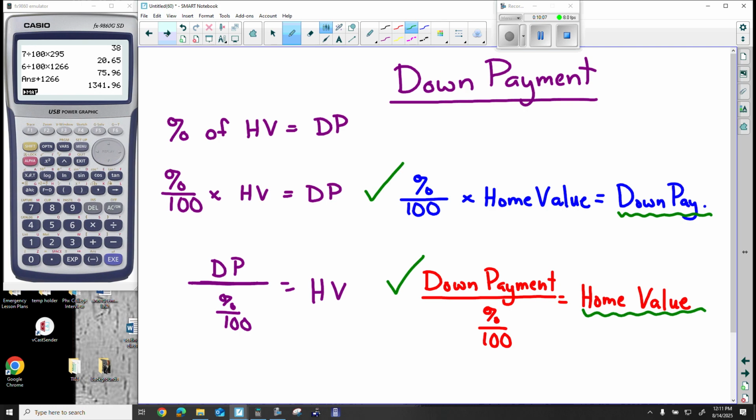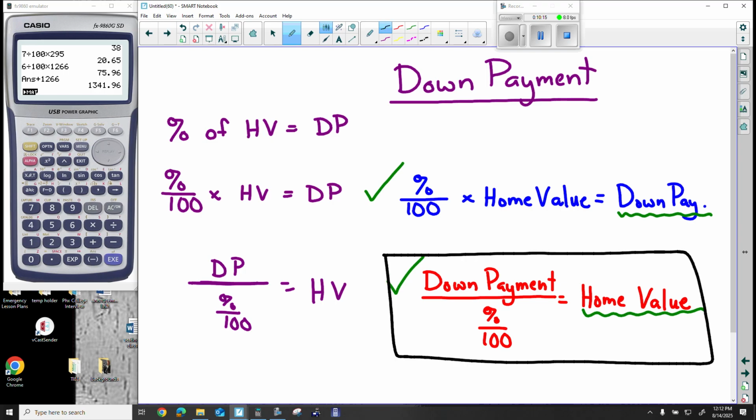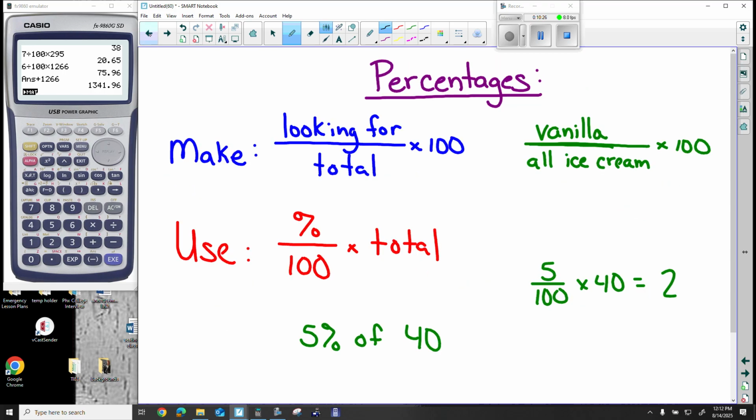So let's go ahead and take a look at our equations one more time. And because this question is asking me for the home value, this bottom equation is probably what I want to use. That will answer what is the home value. So let's go ahead and mimic that on the problem itself.